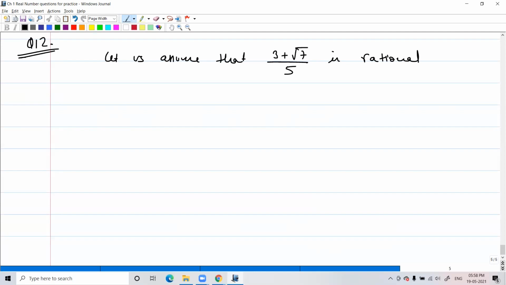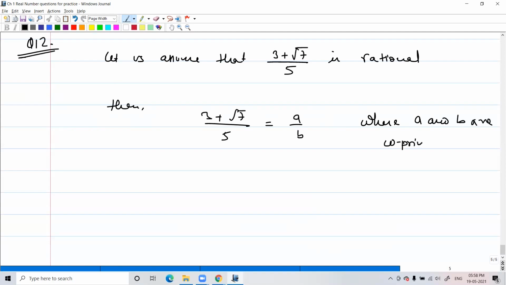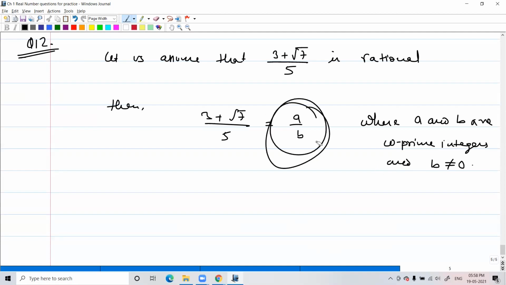If it is rational, then we should be able to represent it as a by b, where a and b are co-prime integers and b is not equal to 0. Every rational number can be written in this form, right?